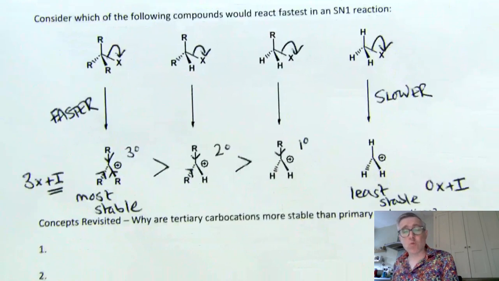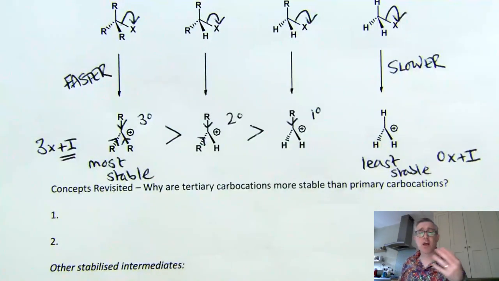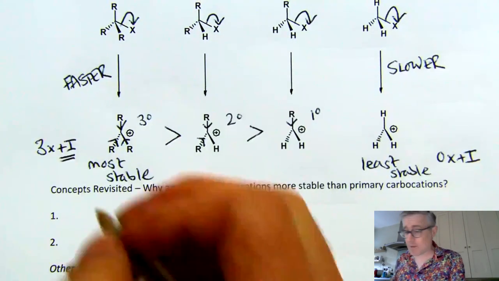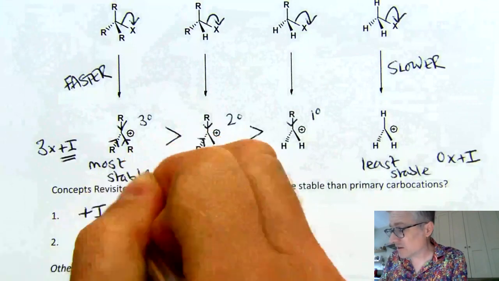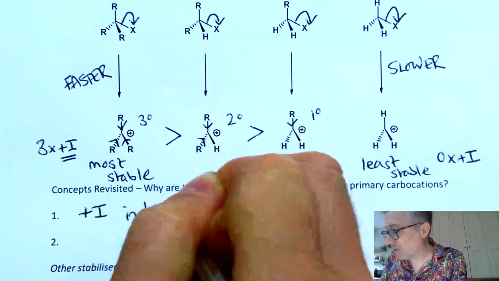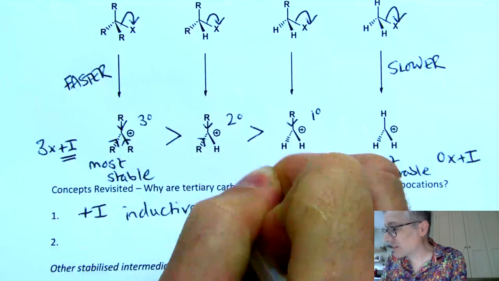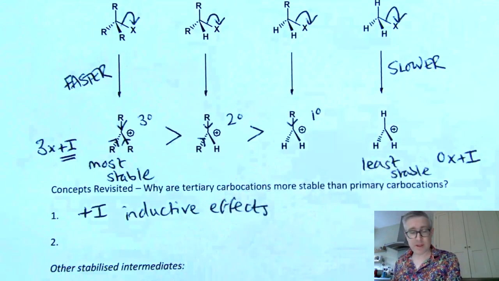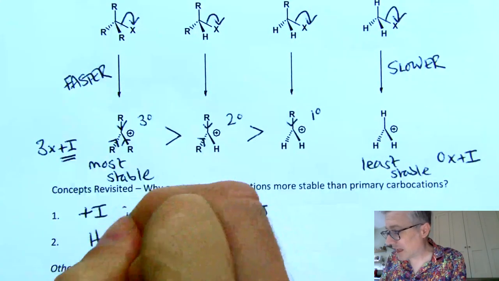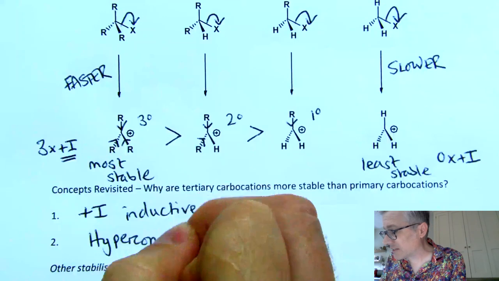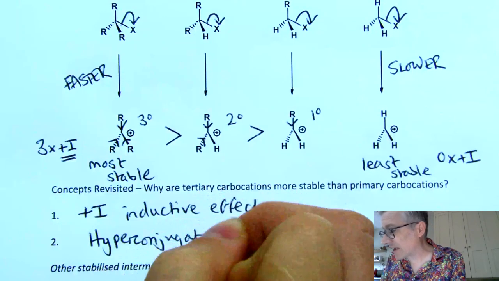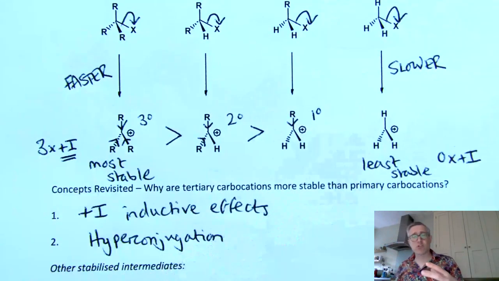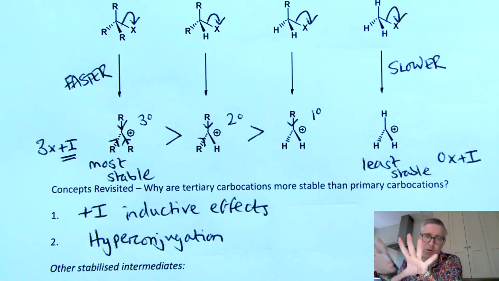So just a quick note, why are tertiary carbocations more stable than primary carbocations? Well, because they have plus I inductive effects. And we know that also they have this hyperconjugation effect, where the alkyl group is able to stabilize the adjacent carbocation by kind of donating some of its electron density through some not very good bond overlap.